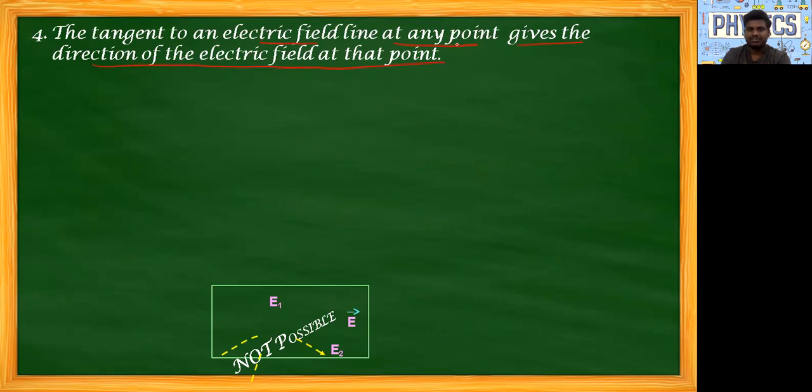If you draw a tangent at any point on an electric line, it represents the direction of electric field. Now you'll see this is the curved electric field line, and here is point P, and here we draw a tangent which gives the direction of electric field. That is the meaning.